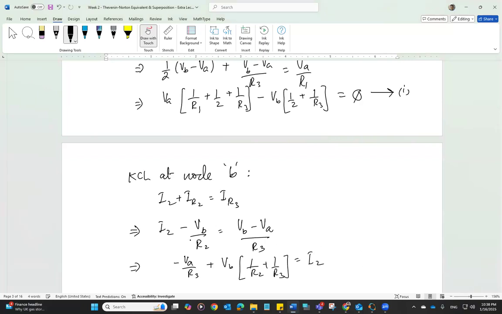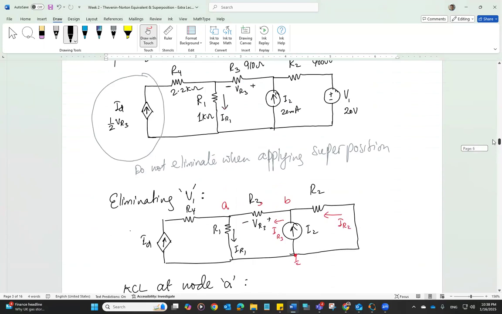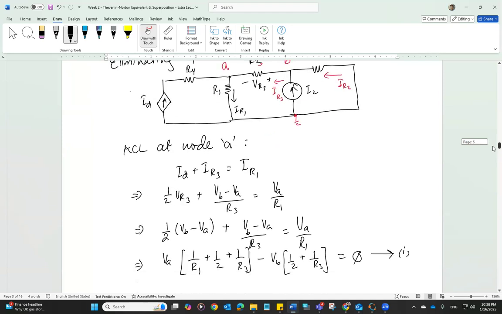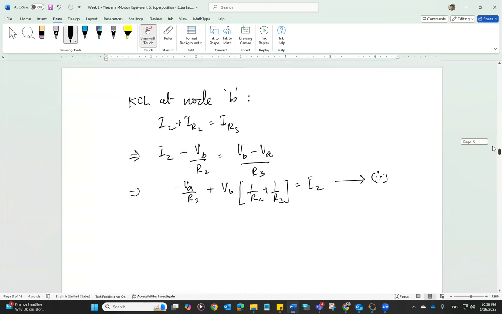I took this VB over R2 to the other side of the equation, and that's my equation number 2. We're going to solve these two equations and find the value of each node voltage. Once we have the value of node voltage A, we can find the value of the current IR1 due to I2. So let's go ahead and do that.